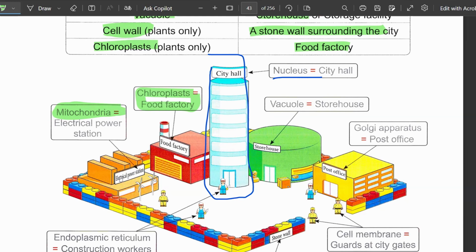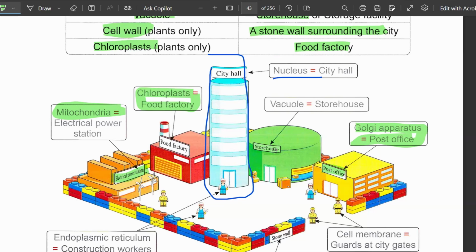Okay. While in city, an electric power station gives the city the needed energy. So they are almost similar. Golgi apparatus, which is responsible for transportation or transporting other material, like a post office in the city. So they are similar.